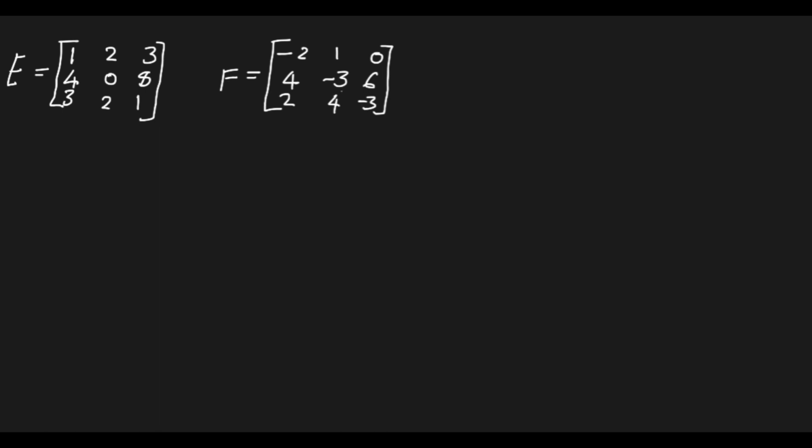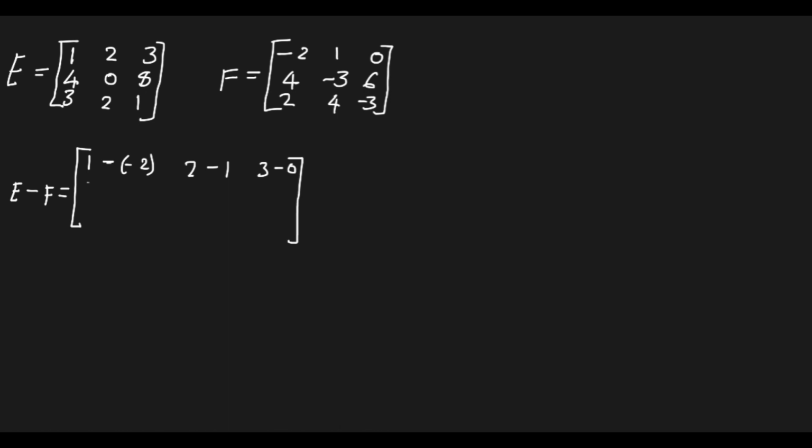So we are going to now use subtraction. Say E minus F is equal to, the same way we did with addition. The first number in our matrix E is 1 minus negative 2, then we have 2 minus 1, 3 minus 0.